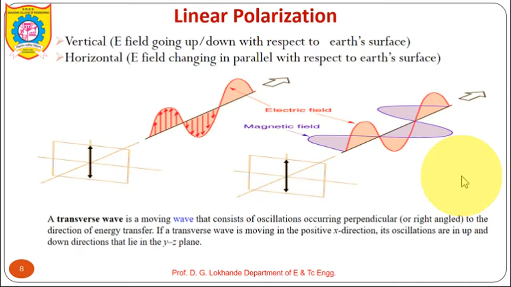In linear polarization, we can observe that in the vertical manner the electric field is available and it moves up and down with respect to the earth surface. Whereas for horizontal polarization, the E field changes parallel with respect to the earth surface.